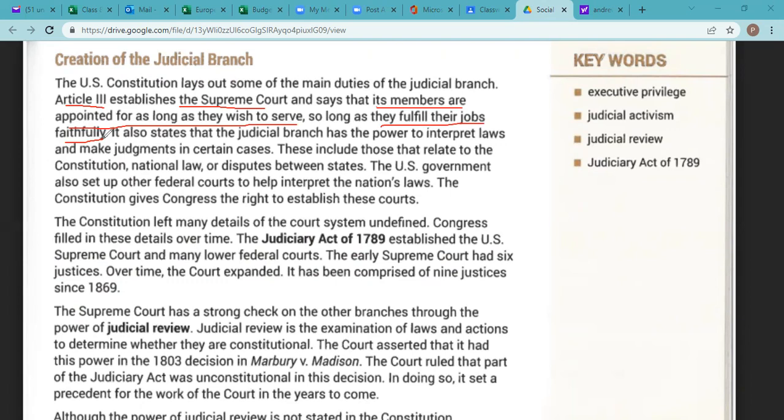All right. And it also states that the judicial branch has the power to interpret laws and make judgments in certain cases. So these include those that relate to the Constitution. All right. So any laws that they interpret have to relate to the Constitution, the national law, or disputes between states.